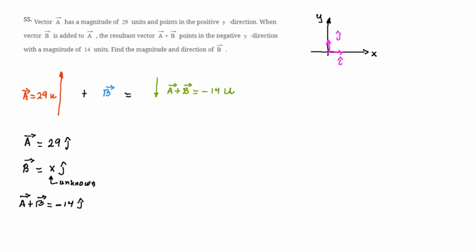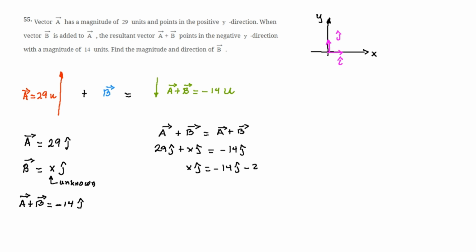So it's minus 14j. That means that when I say vector A plus vector B equals vector A plus B, if I substitute, I can say 29j plus xj equals minus 14j. Solving for xj, xj is minus 14j minus 29j.